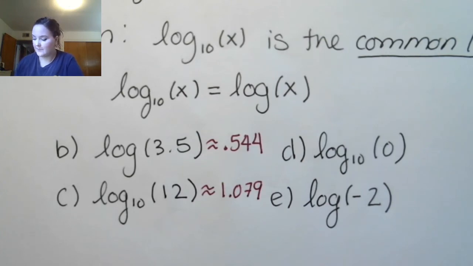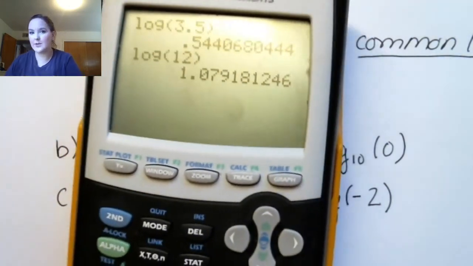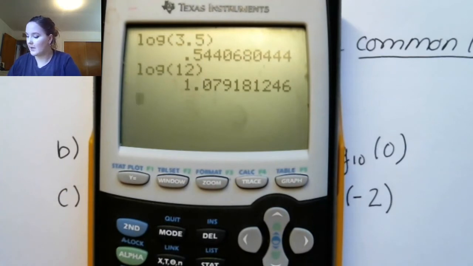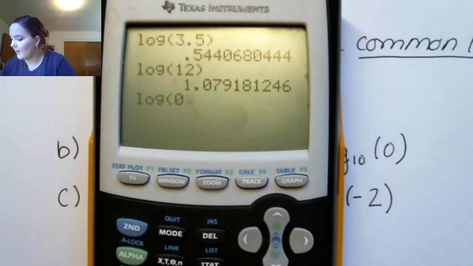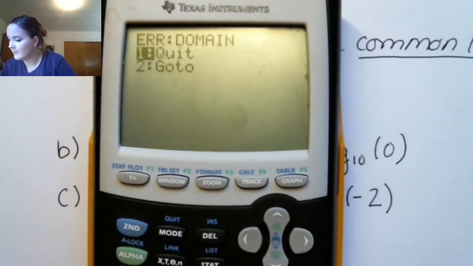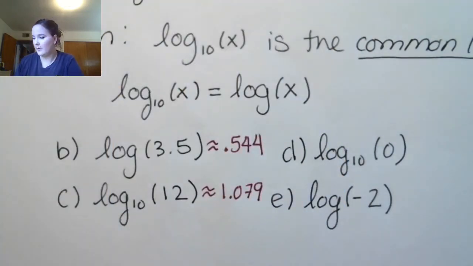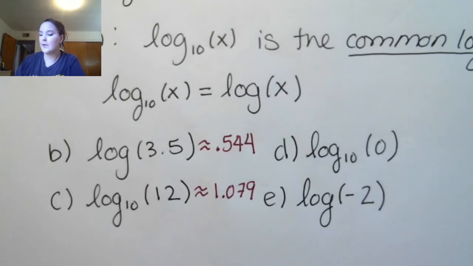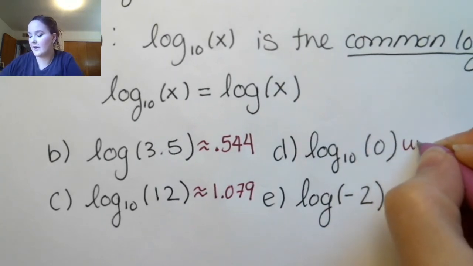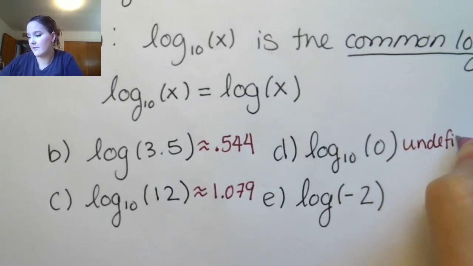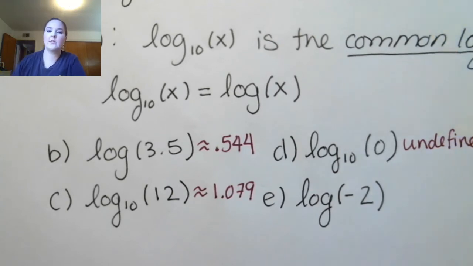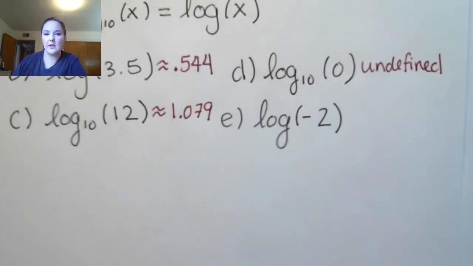Now what happens when I do log of 0? I'm going to hit log and put 0, and you can see that I got an error. What that means is that this is undefined. Let's look at why that would be.